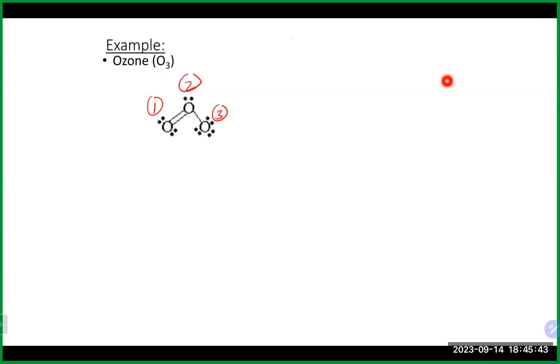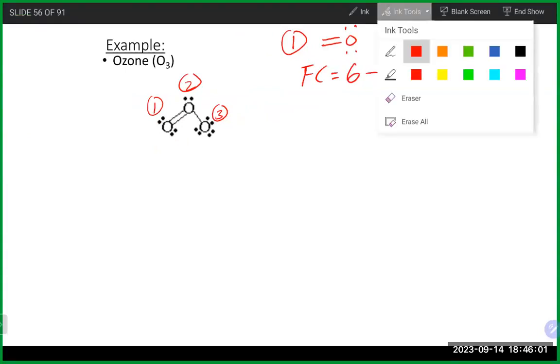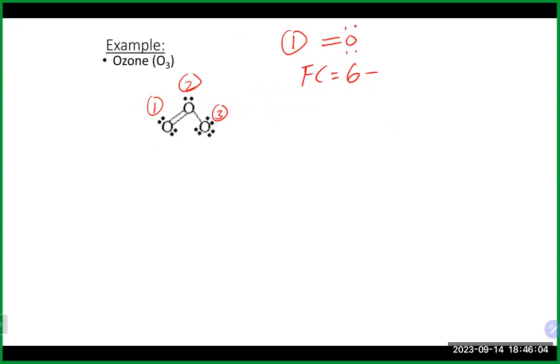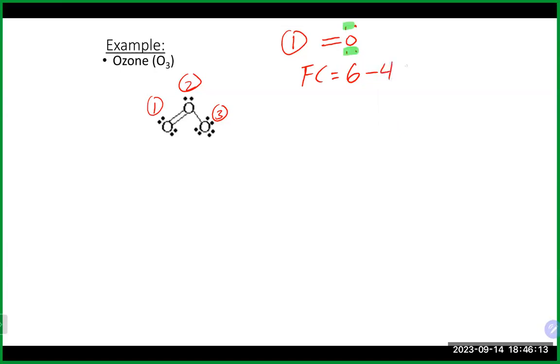So if we do oxygen 1, which looks like this, we can calculate the formal charge by taking the number of valence electrons in oxygen, which is 6. We're going to subtract the number of non-bonding electrons, which in this case is 2 and 4, so 4 non-bonding electrons, minus 1/2 the number of bonding electrons.